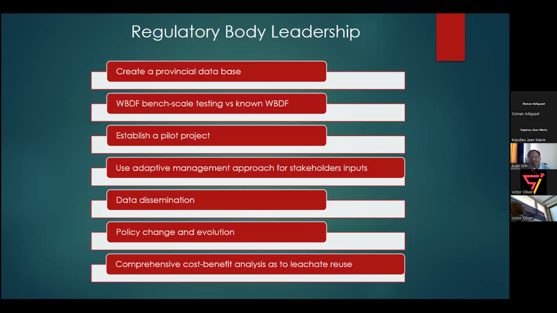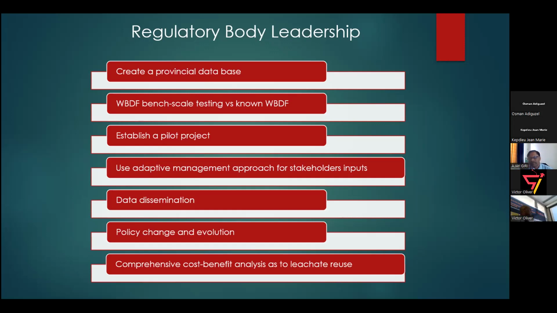From a regulatory standpoint, we've listed some of the things that could be done to promote the use of landfill leachate in the drilling program. Create a provincial database and generate some empirical information, and from the lab, move it into a bigger scale.